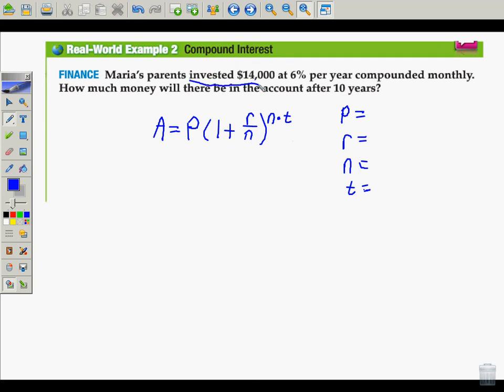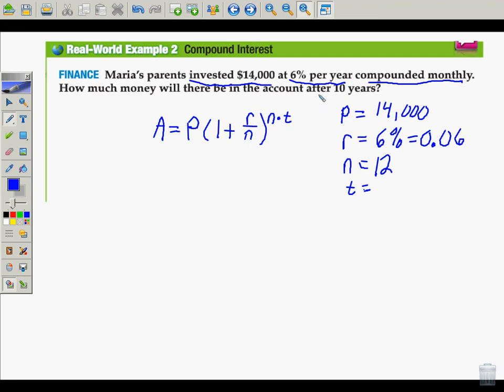My rate, 6% per year, so there's my rate. But remember, we want this as a decimal. 6% as a decimal would be 0.06, divide 6 by 100. Number of times compounded, well, it says it's compounded monthly, so we need to think, how many months are there in a year? There's 12 months in a year, so the number of times compounded in a year is 12, and then they tell us we want to know after 10 years.